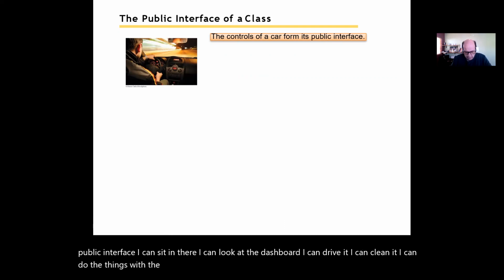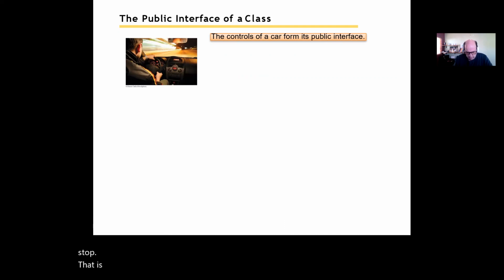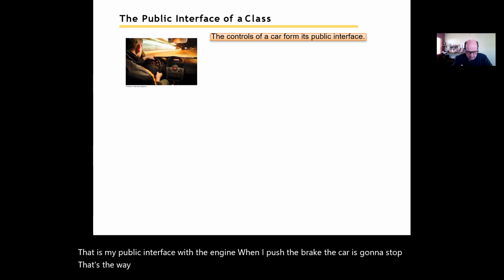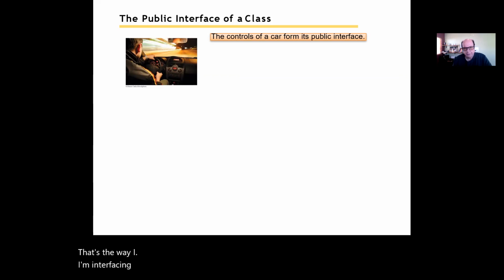So if I push start, then the engine is going to start. That is my public interface with the engine. When I push the brake, the car is going to stop. That's the way I am interfacing with stopping the car.